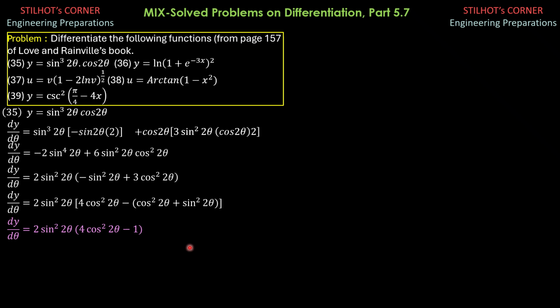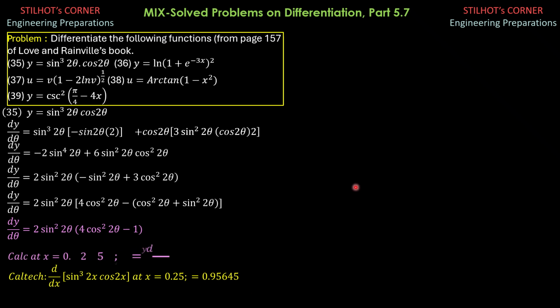Then by checking using your high-tech calculator in the radian mode, the derivative of sine cube of, I just use x instead of theta, cosine 2x at x is 0.25 is 0.95645, and you evaluate this expression at theta equals 0.25, the answer should also be the same. So next, that's the guide for that problem. The rest will just differentiate them directly.